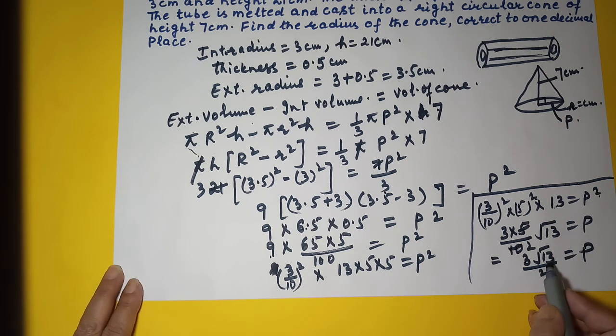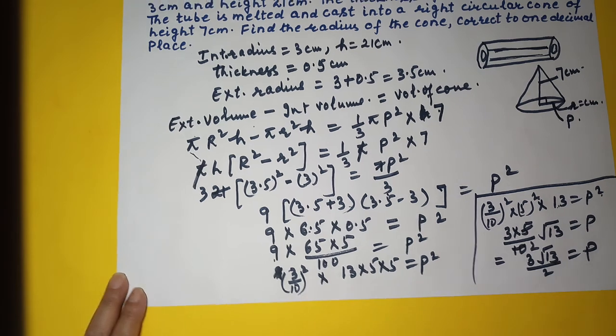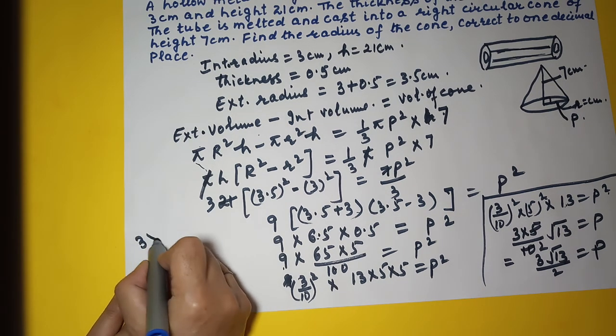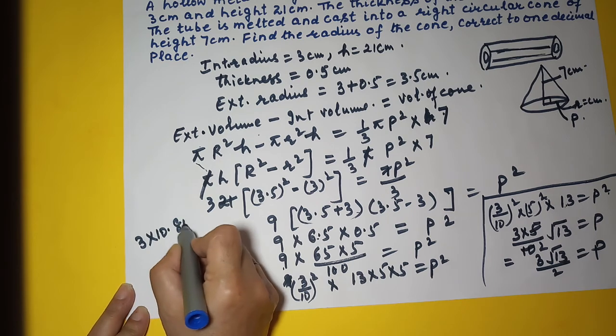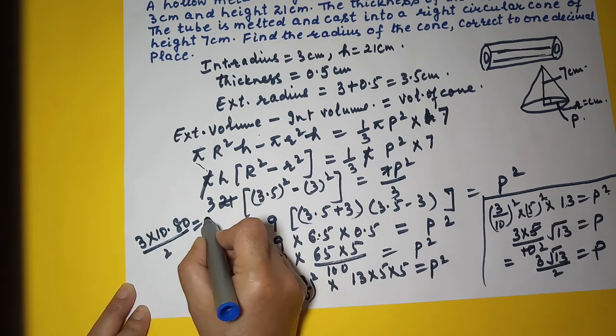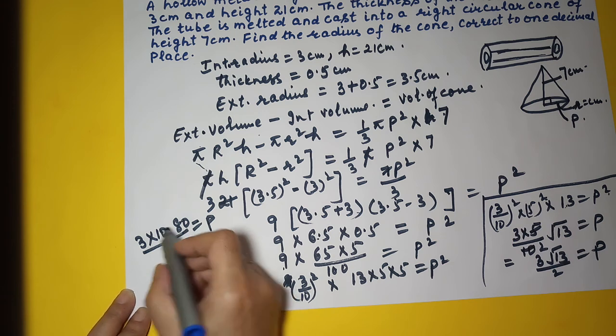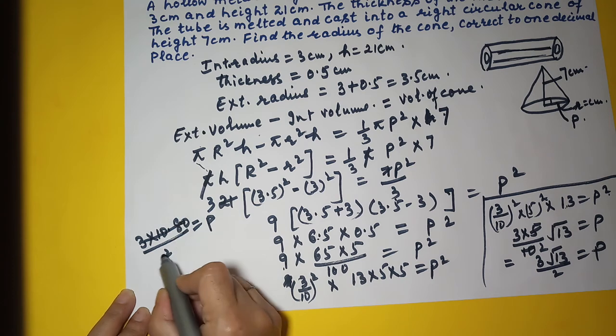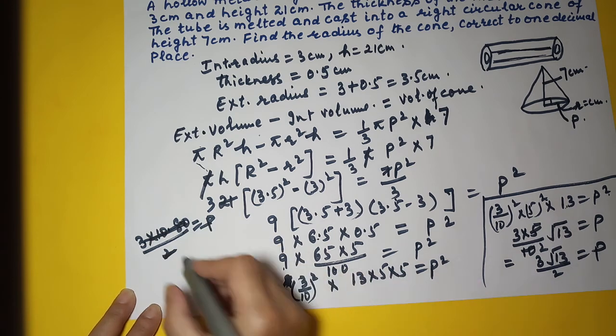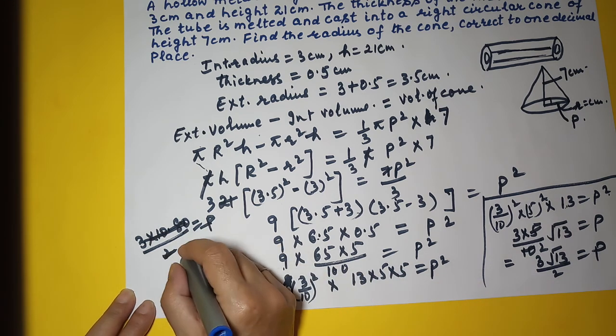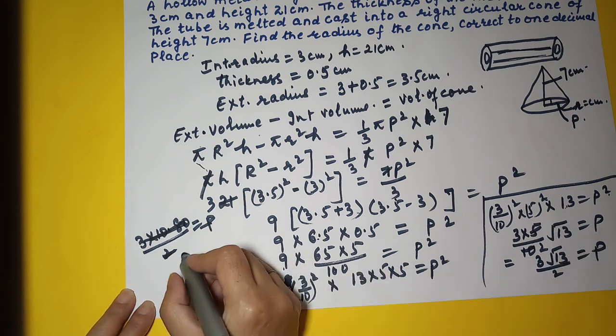Now the value of root 13 is 3.60. So you have 3 into 3.60 upon 2 equals p. 3 3s are 9.